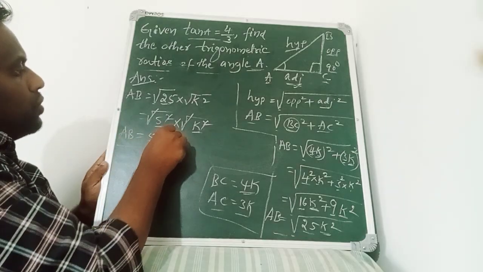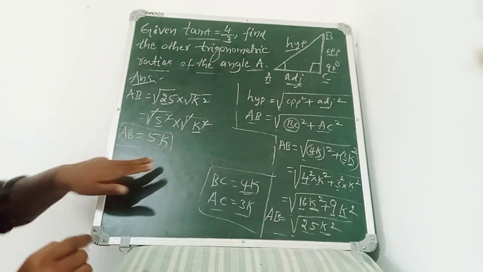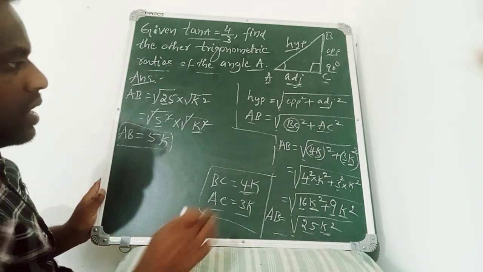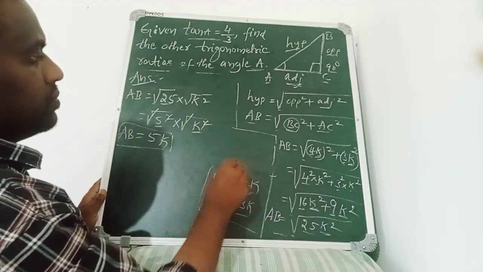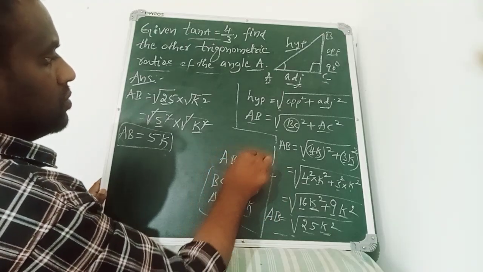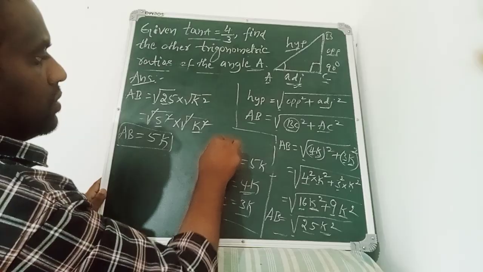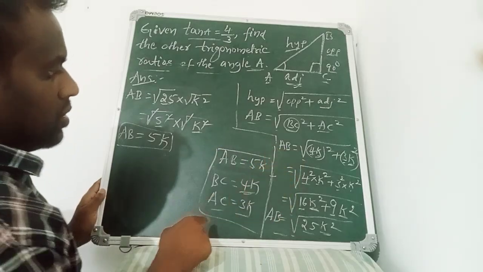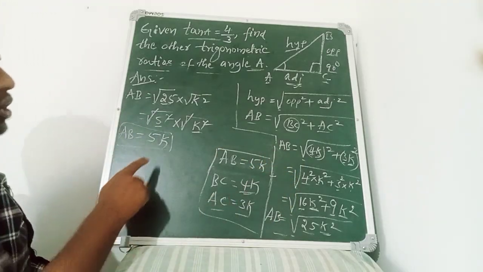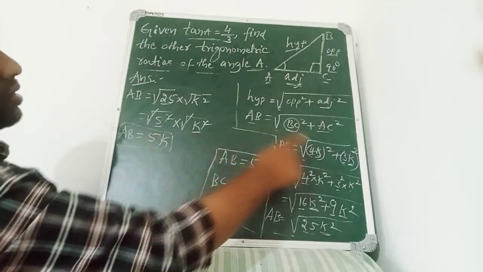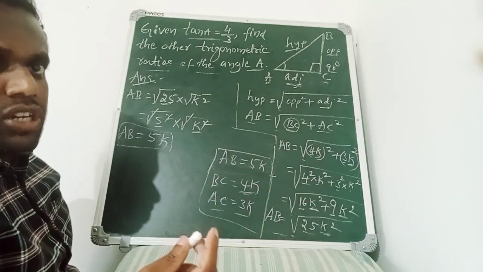So AB is equal to 5k. I will write it here somewhere. AB is equal to 5k. Okay, this we need to know. I hope you understood till here. I will erase this and this. We still have to solve this.